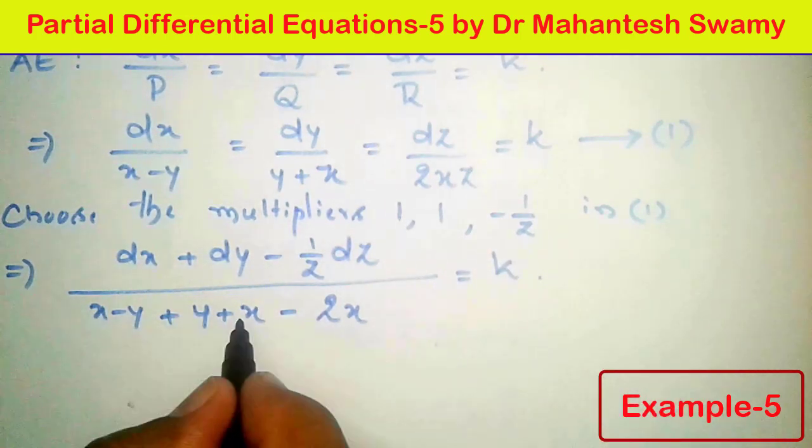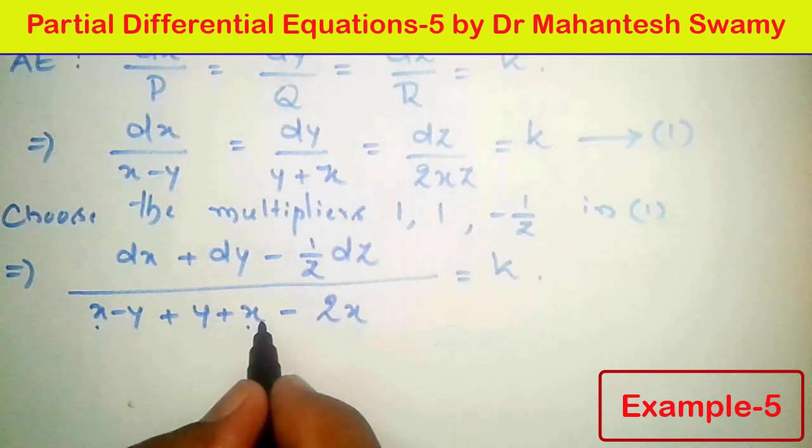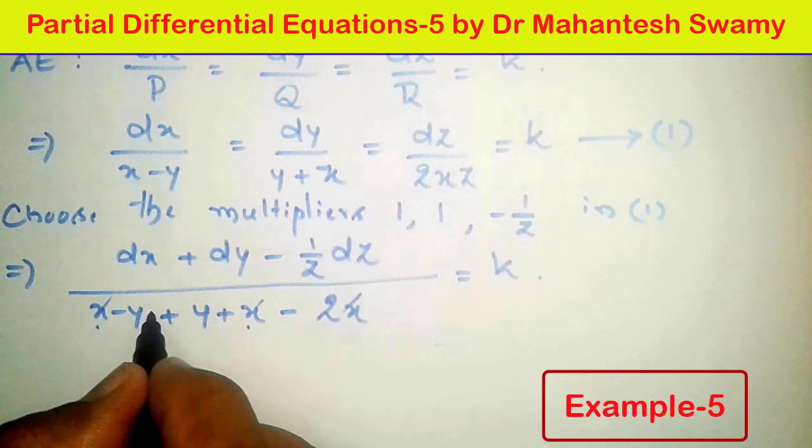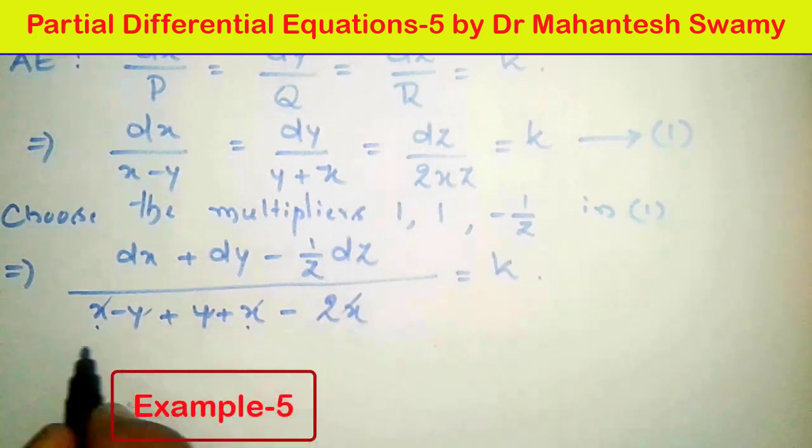Now when we add these, plus 2x cancels with minus 2x, and plus y cancels with minus y, so nothing will be there in the denominator.